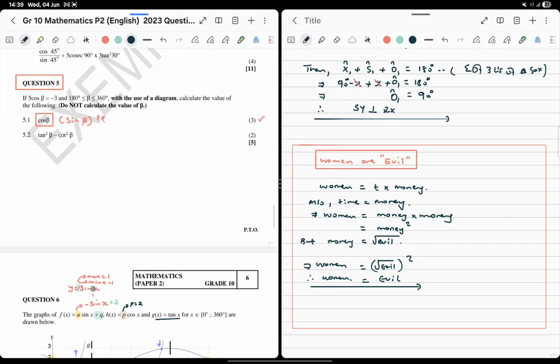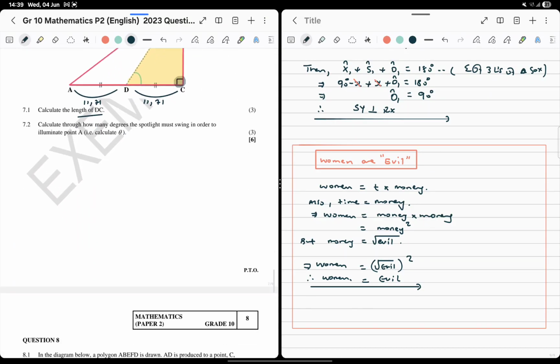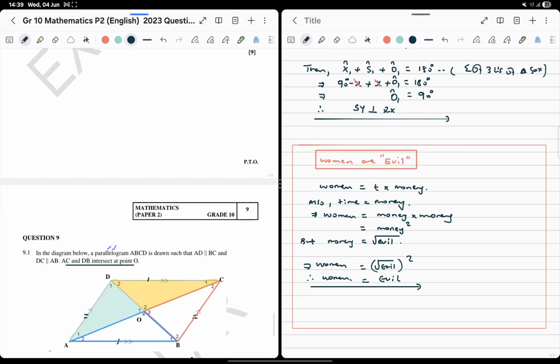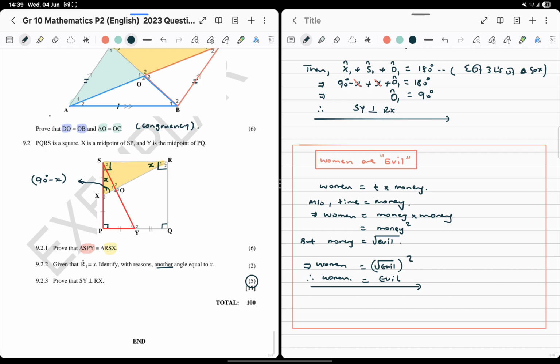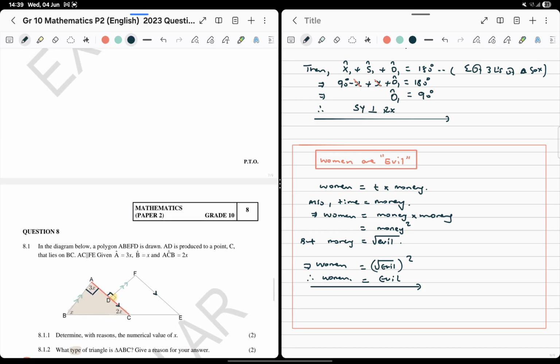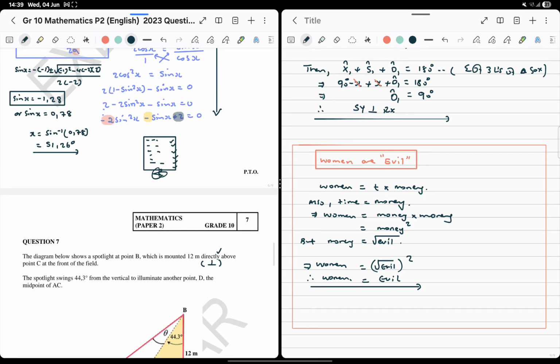So for me, if I was to write this paper, I would start here. Question 8, take my time, to question 9. And pick my battles, of course. I'm not going to answer questions I cannot figure out. I answer those that I can, while my brain is still fresh, so that everything is perfect. Then leave the ones I cannot handle immediately. Go to the next section.